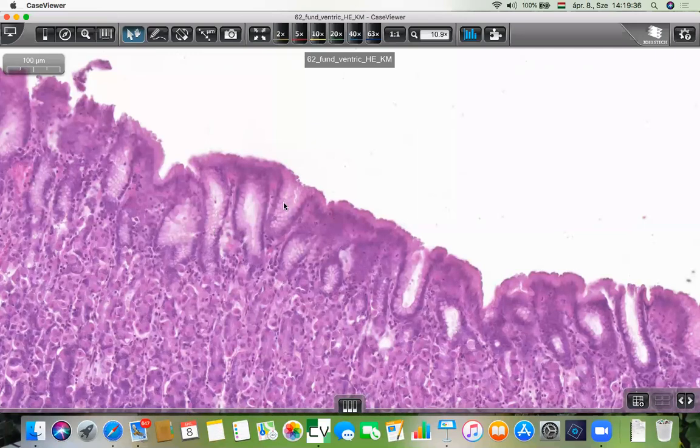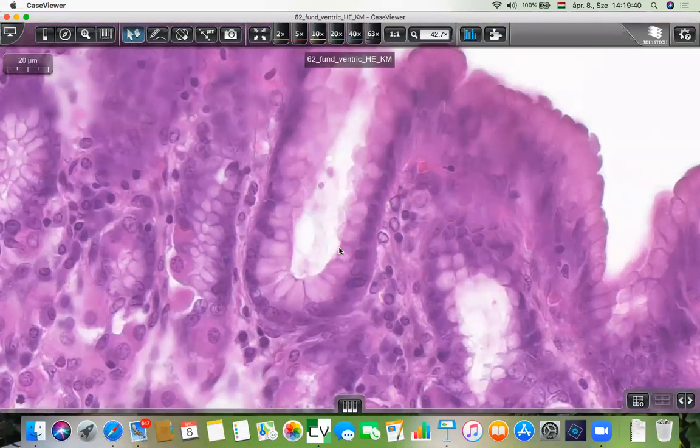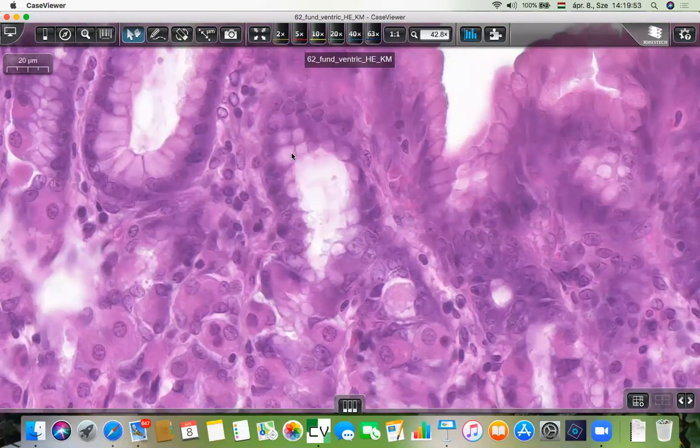But I wanted to say something important. When we raise the magnification, these cells are a little bit similar to goblet cells, but they are stained a little more darkly than goblet cells. They are really bright, but looking at this area, they may look like goblet cells.